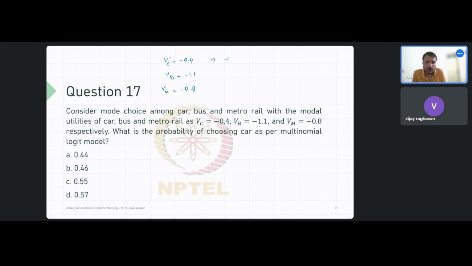So let's find e power VC, e power VB, e power VM. Then we can find the total also. So first is e power minus 0.4, e power minus 1.1, e power minus 0.8.